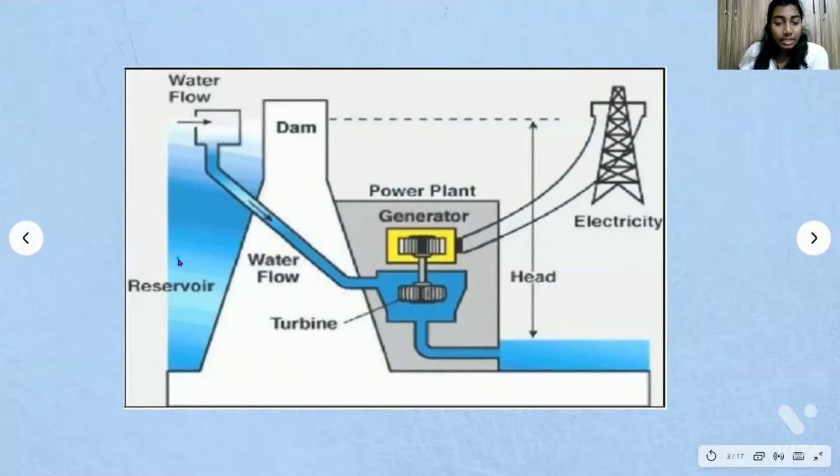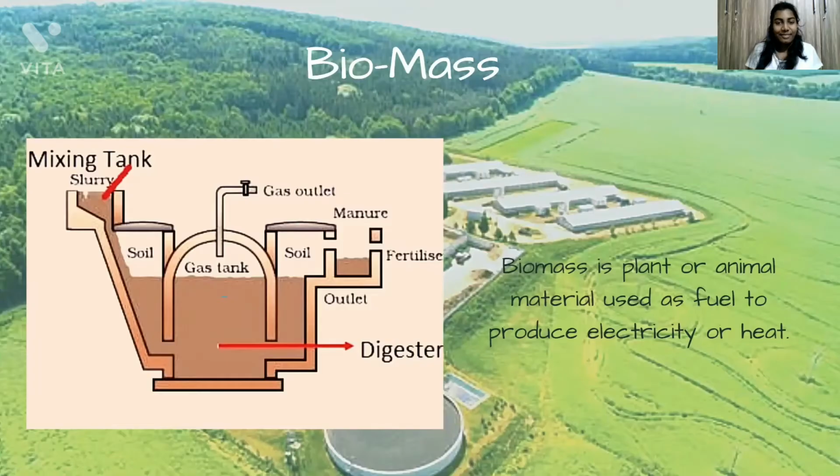Water is collected behind the dam and then released. When the water falls on the turbine, it moves because of the kinetic energy of the water. Thus, electricity is generated by the turbine. The electricity that has been generated is called hydel energy or hydroelectricity.